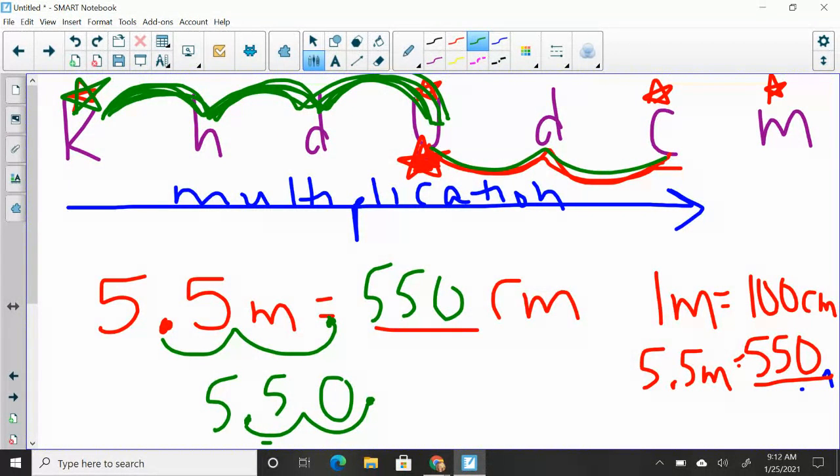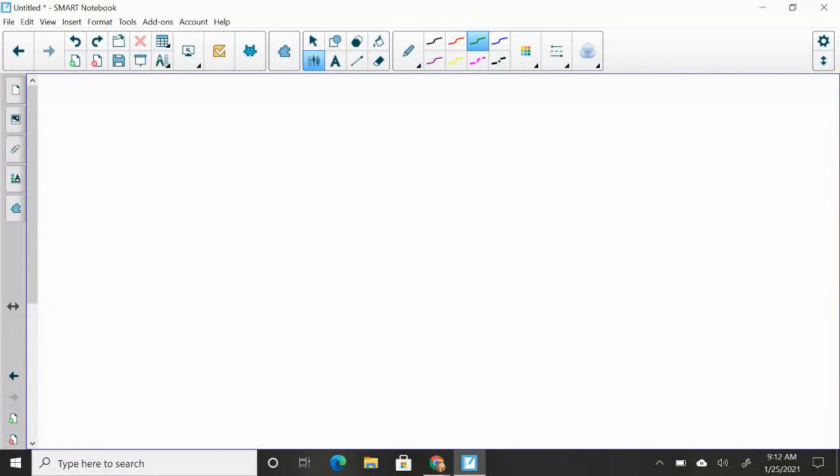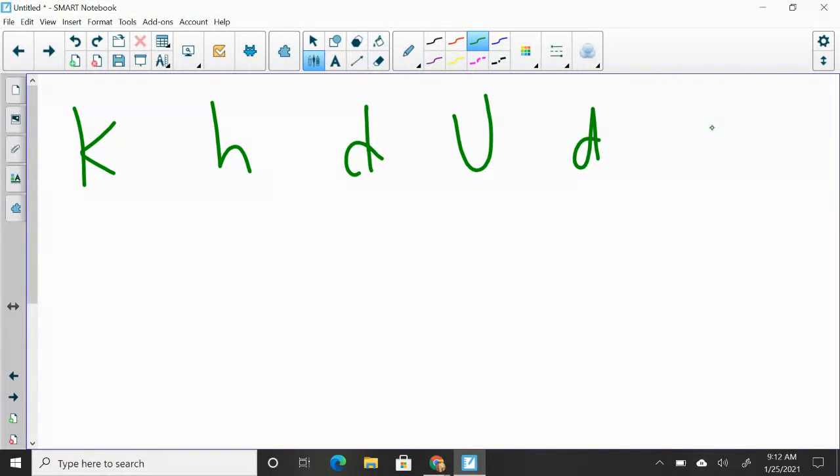Now, if we were going the opposite way, if we were going to the left, we would be dividing. So King Henry died unusually drinking chocolate milk. All right, let's say I'm going from grams, which is my unit, back to kilograms, which is up here.